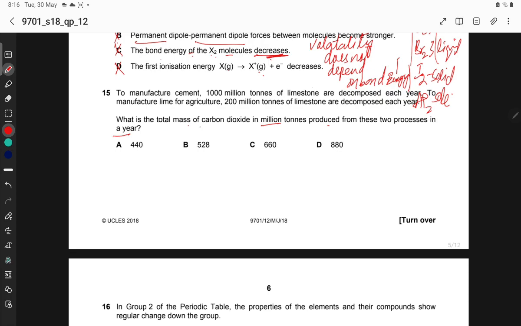We will use grams for this, 1 gram for 1 million tons. So this is a total of 1200 grams of limestone decomposed each year.